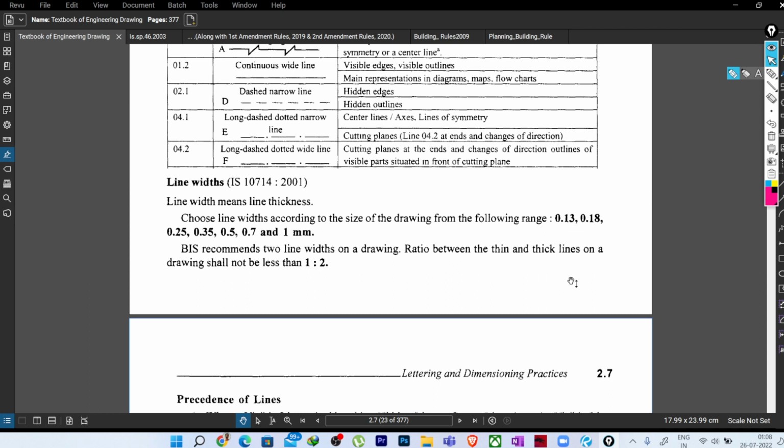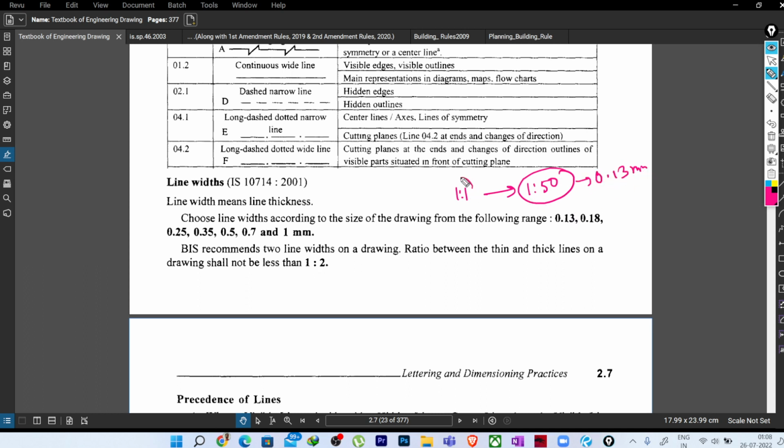Now again, these thicknesses should be visible on paper. So this 0.13, if you are drawing in 1:1 scale and you are plotting the drawing in 1:50, suppose, then in this 1:50 scale drawing, it should be visible as 1.3 mm.